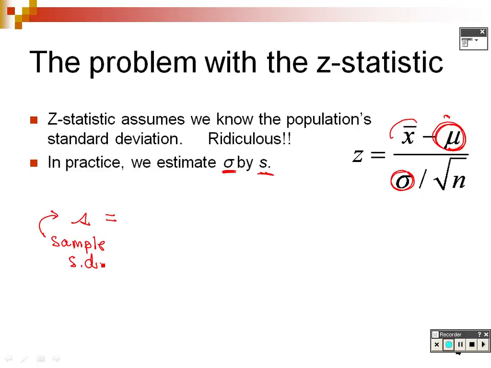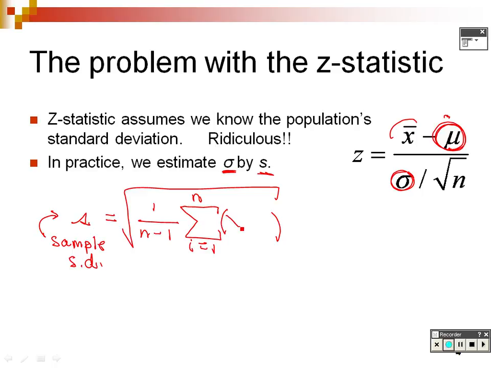And that is calculated by taking the square root of something very, very big. 1 over n minus 1 times the sum of all of the data points, starting with the first one and going all the way up to the last one. We'll call that the nth one.